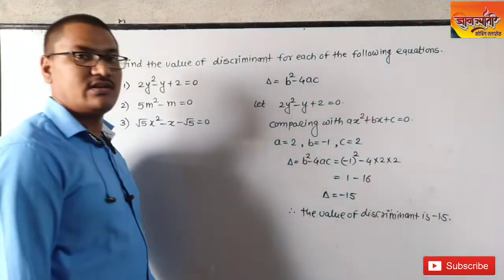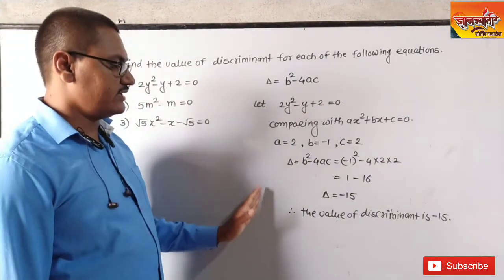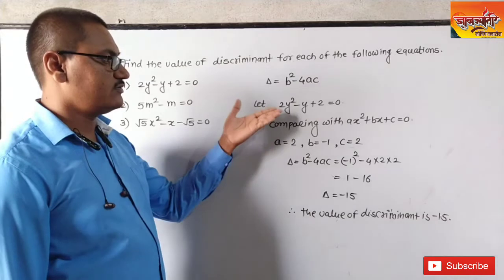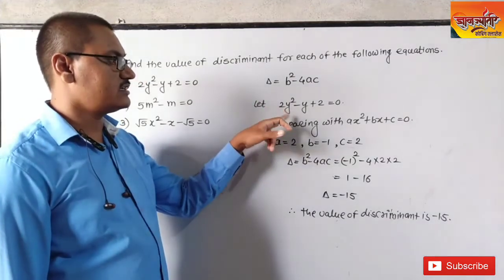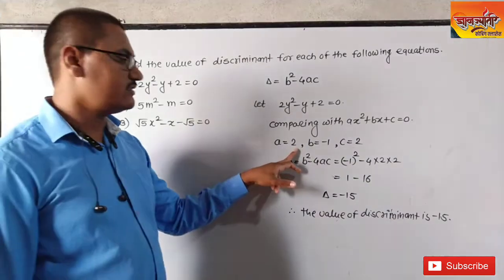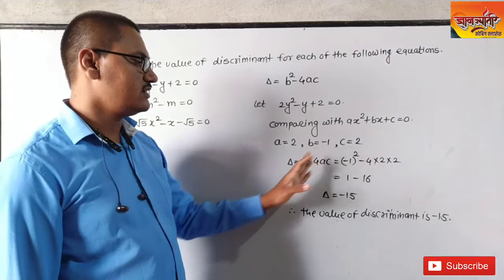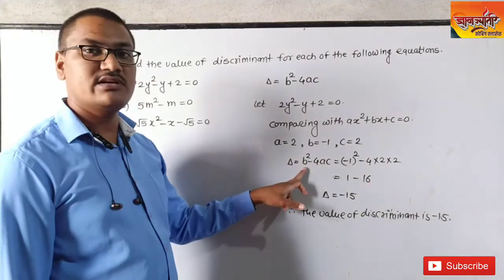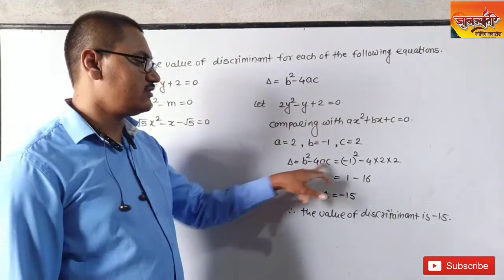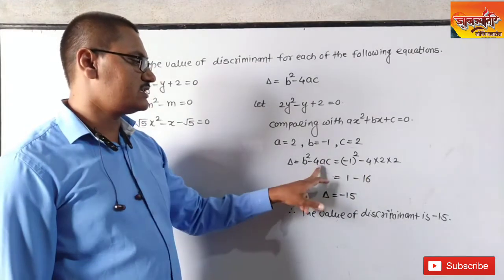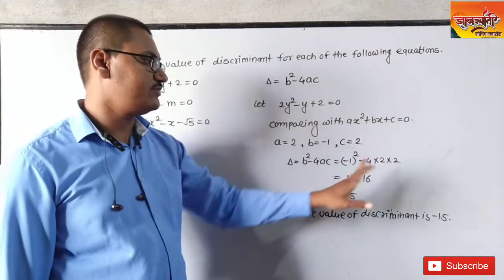You can solve the problem in this way also. It is a very easy method to understand. For the first equation, compare with the standard form and determine the values of a, b and c. Then substitute these values in the formula b² - 4ac. The value of b is -1, squared, minus 4 times a, where a is 2, and c is also 2.